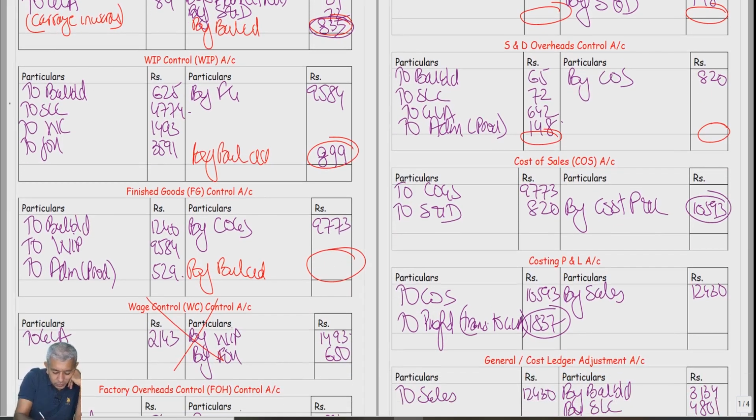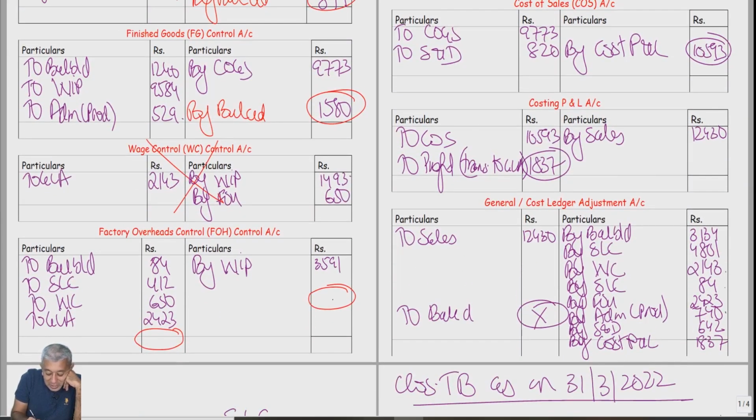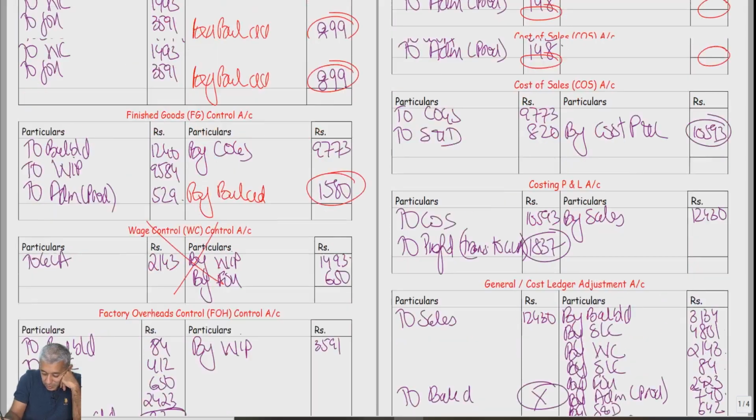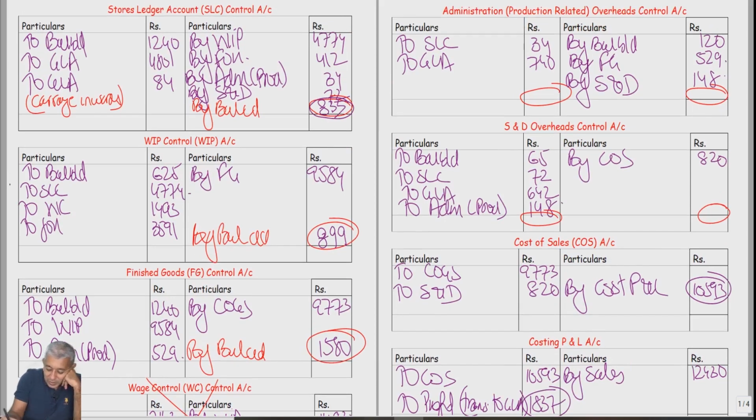Finished goods account? 1580. Now, first of all, on factory overheads account, this is a debit balance, this is a credit balance. So tell me, is it a debit or a credit balance? Credit. And that comes to how much? 22. So therefore, we are writing to balance carried down, 22. Then, for administration, this is a debit balance, this is a credit balance. Which balance?